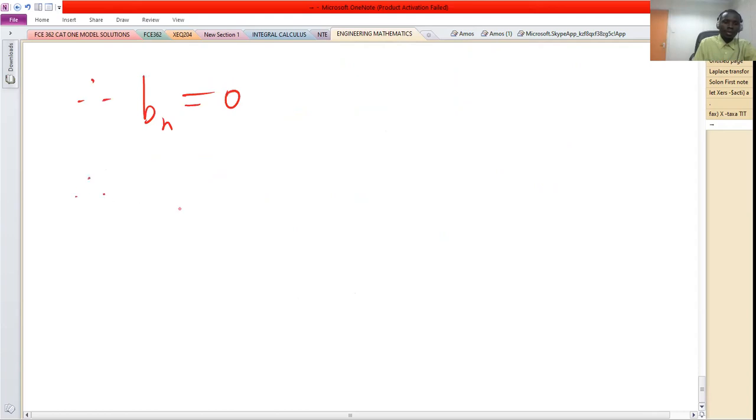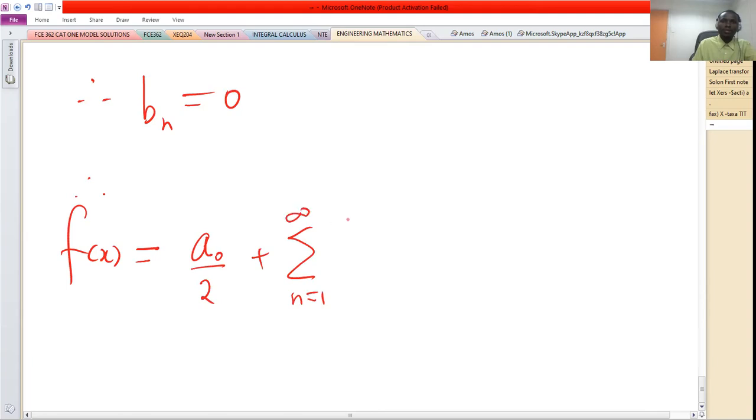So therefore, for f of x, a naught was given by 2 pi squared over 3. So dividing by 2, we have a naught over 2, plus summation n from 1 to infinity of an cosine of nx plus bn sine of nx.